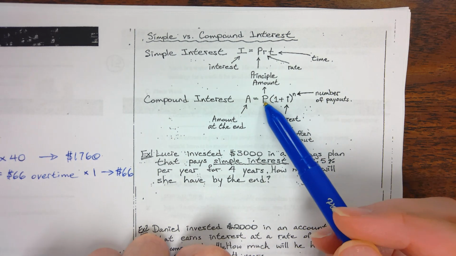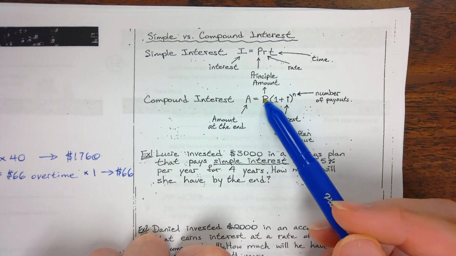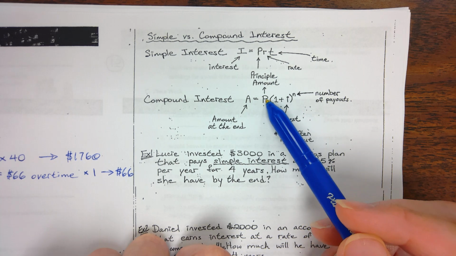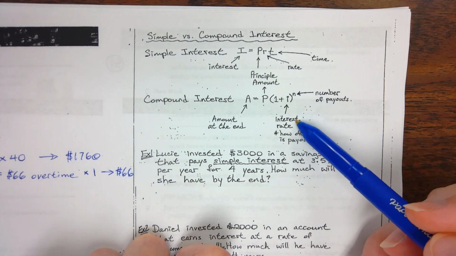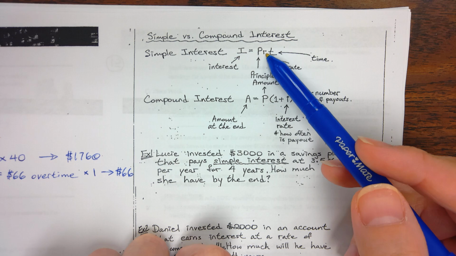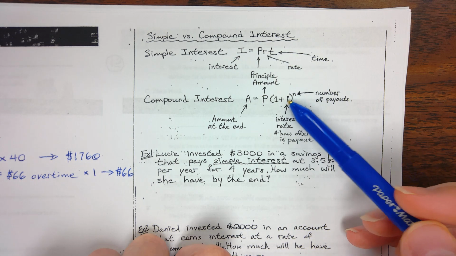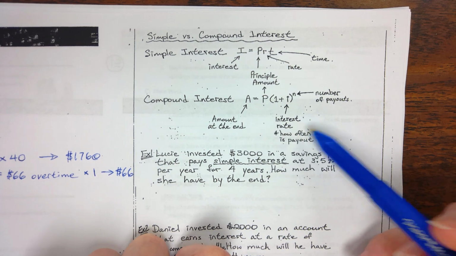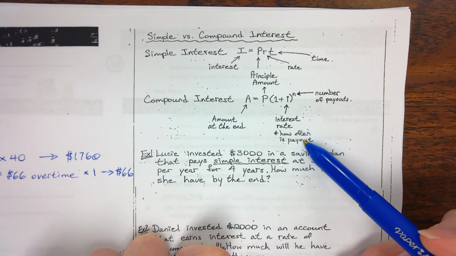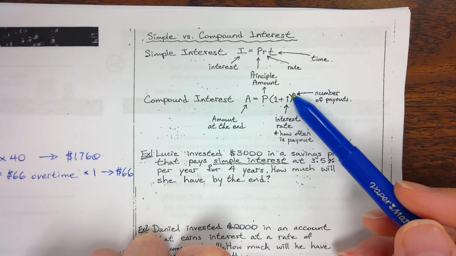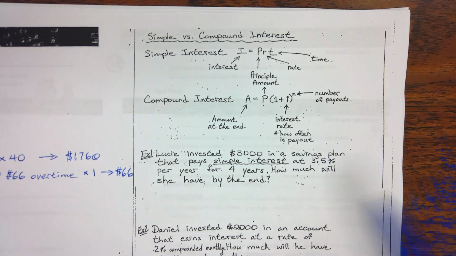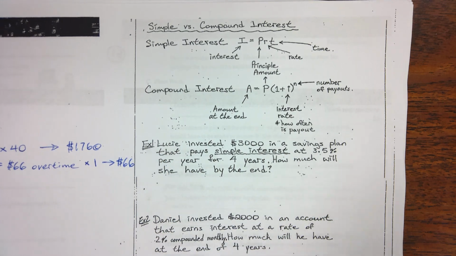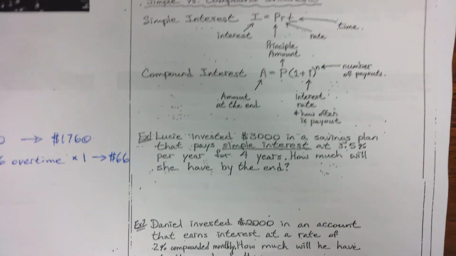P is the same thing, the principal amount. I is the interest rate. But notice this one uses R and this one uses I, because with compound interest, you also have to consider how often it's paid out. And N is the number of payouts.